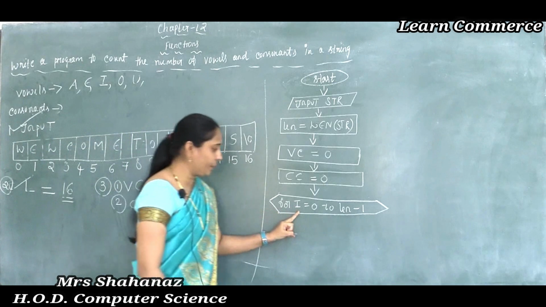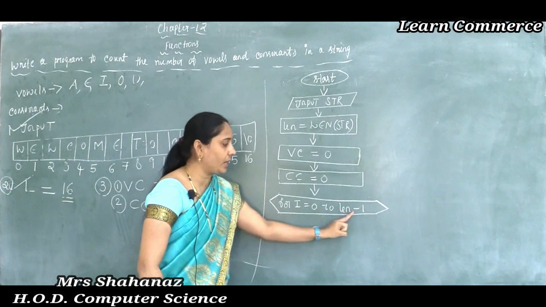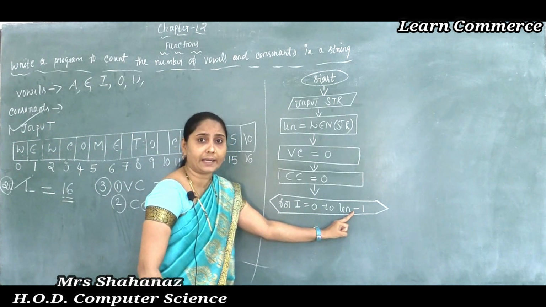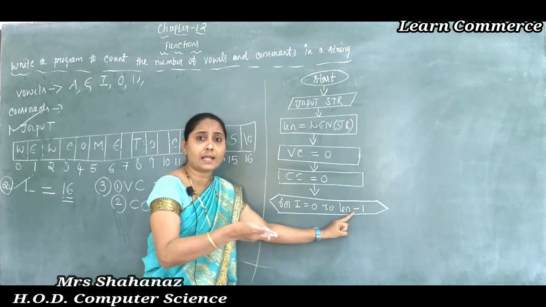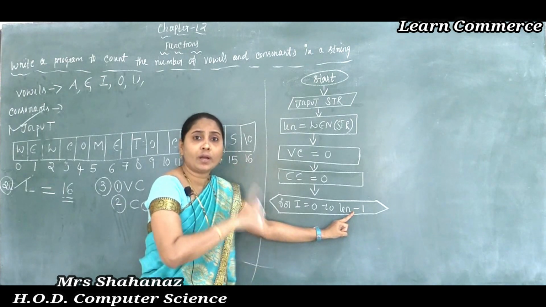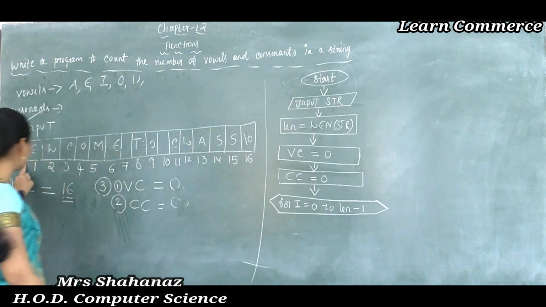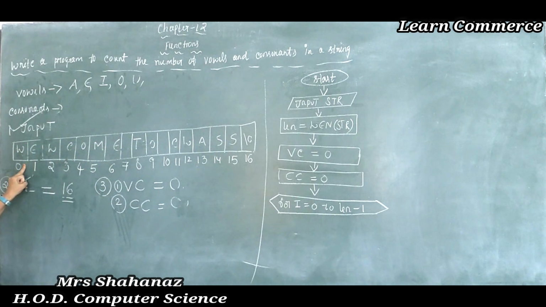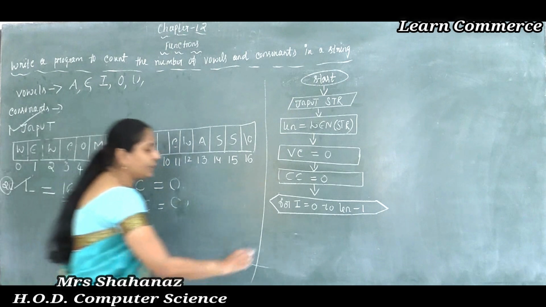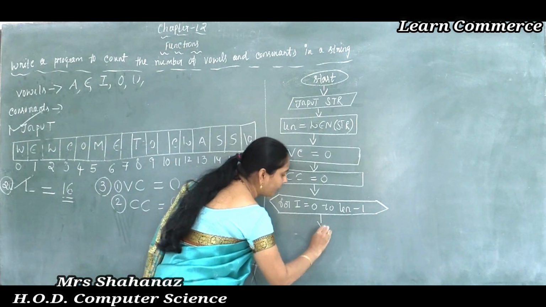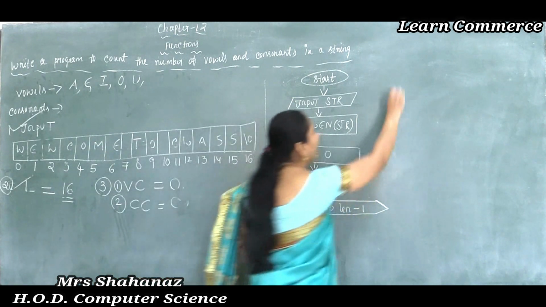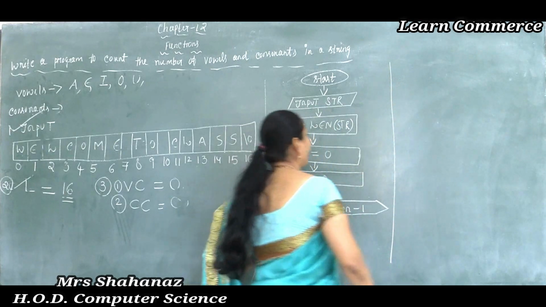So always remember, for I is equal to 0 to len minus 1, one less than the length of the string. I think there is no need to tell more about why I used len minus 1 here. Okay, and after completing, now we'll complete this point here.